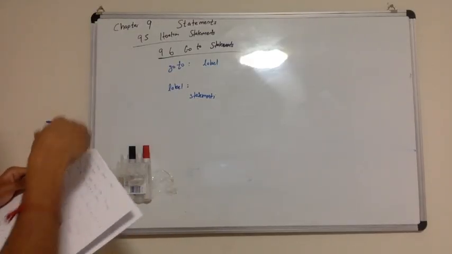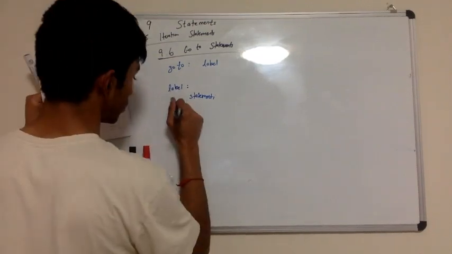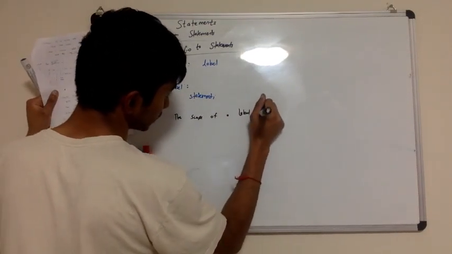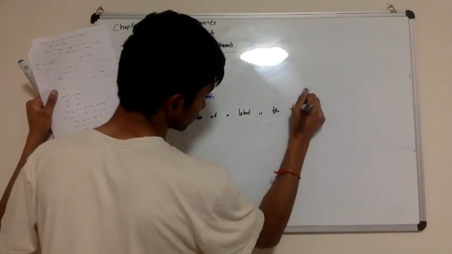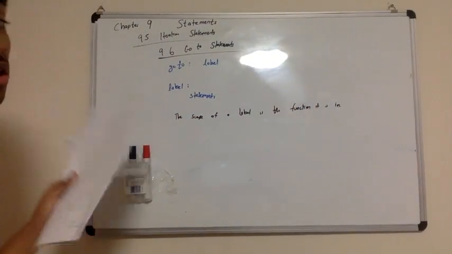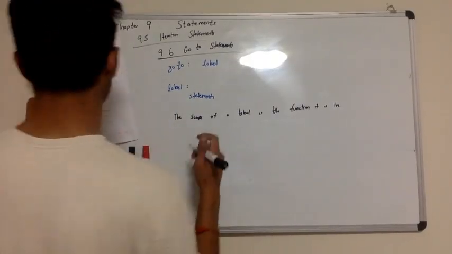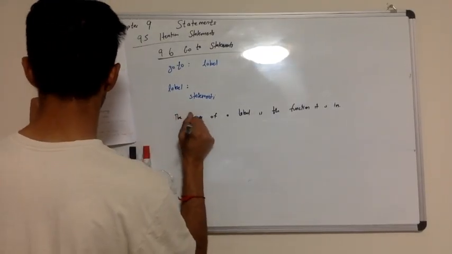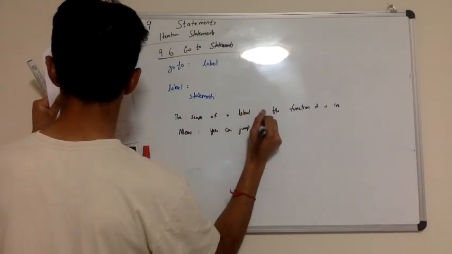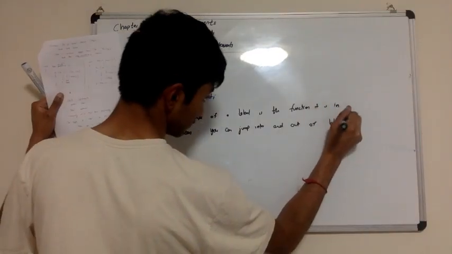So yeah, it says here generally it's not in high-level programming, but the scope of a label is the function it is in. So where is a label accessible? It is accessible within the function that it is located in. So what this means is you can jump into and out of blocks.